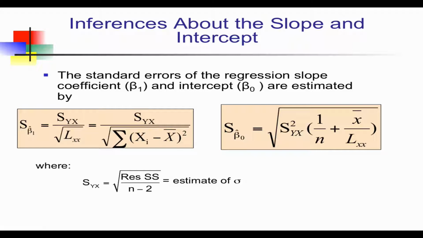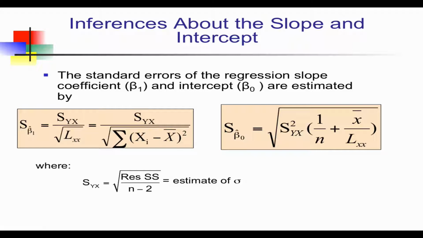So beta hat 1 is an unbiased estimate of beta 1. The variance is the square of the standard error formula. This is the distribution of beta hat 1. It would be a normal distribution if you knew the variance.